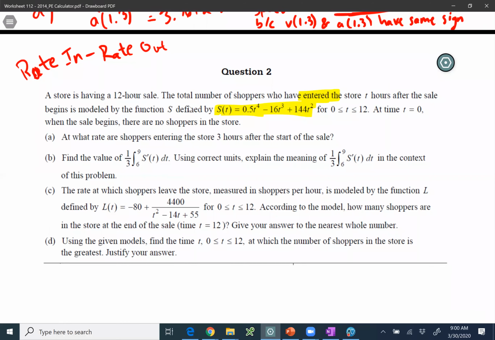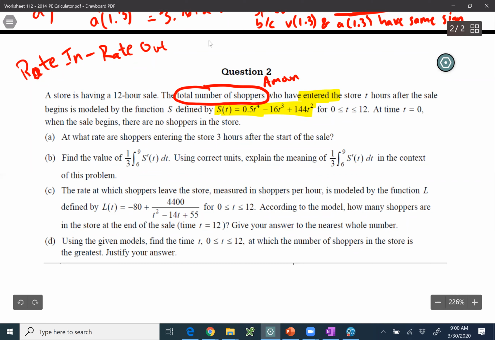So that's what they did here, is that S of T is the total number of shoppers. So it's kind of already that amount, right? When we think like the formula we've been practicing, it's like the amount at some time T equals the amount at 0 plus the integral from 0 to time of the rate in minus the integral from 0 to time of the rate out.